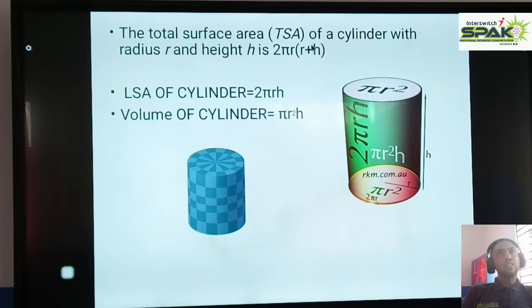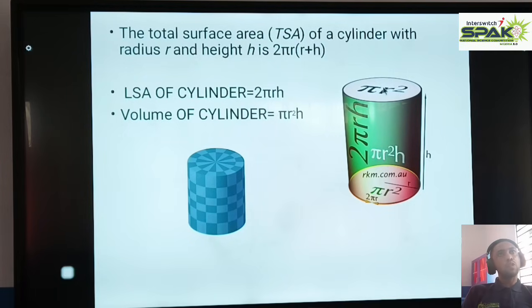Now look at the total surface area of a cylinder. It is the lateral surface area, which is 2 pi rh, plus the area of the top plus the area of the bottom. You can see both the top and bottom are circular, so their area is pi r square.